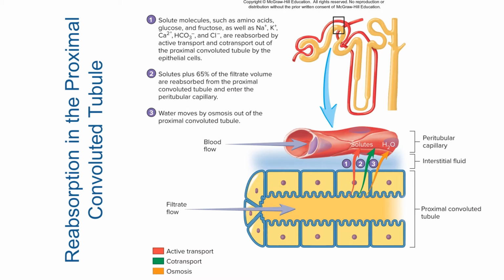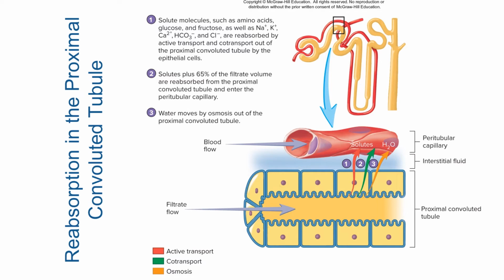For water, specifically the transfer of water from the proximal tubule to your peritubular capillaries, it's through osmosis. So solutes plus 65% of the filtrate volume are reabsorbed from the proximal convoluted tubule and enter the peritubular capillaries. And then water moves by osmosis out of the proximal convoluted tubule.